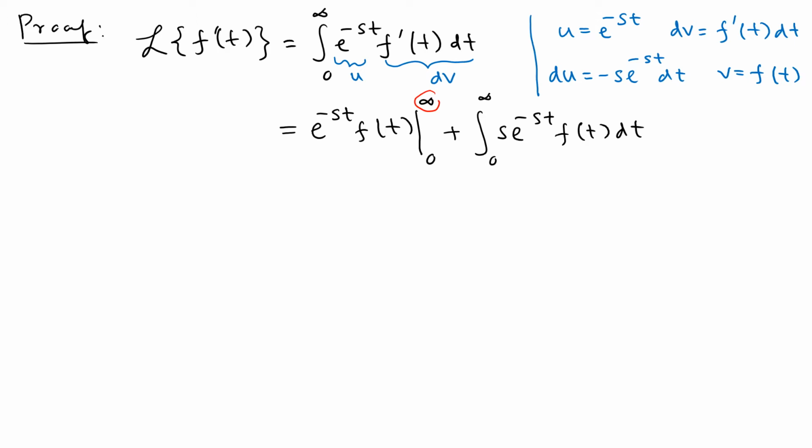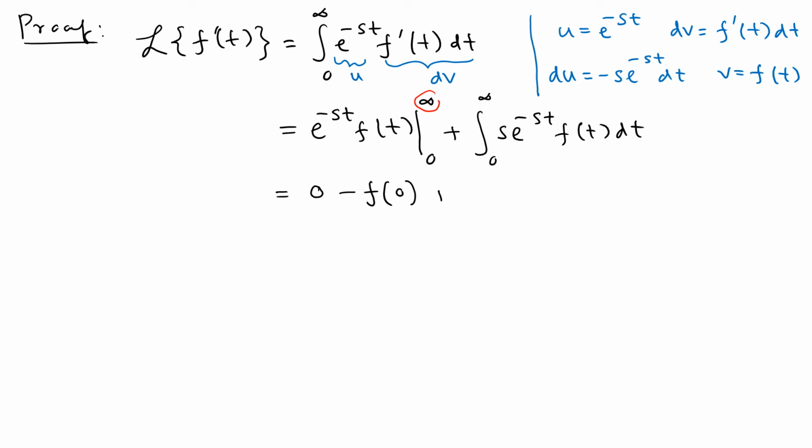So you get 0 from the infinity limit, and when you plug in 0, the e to the minus st term goes to 1, and f(t) gives you f(0). Here we assume it is actually the limit from the right, 0 plus, but we can write it like that.